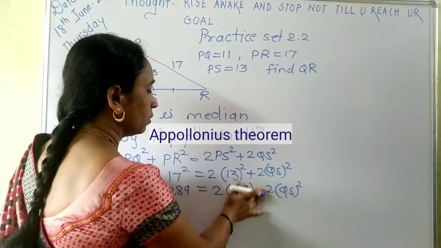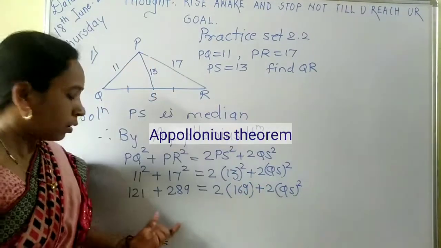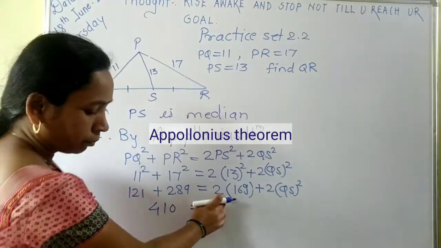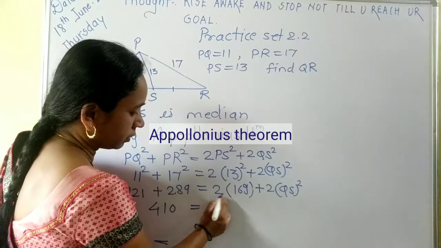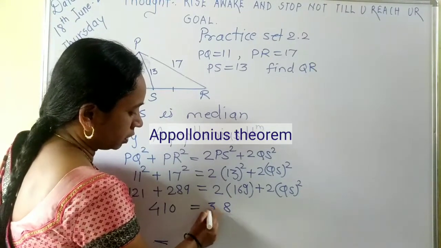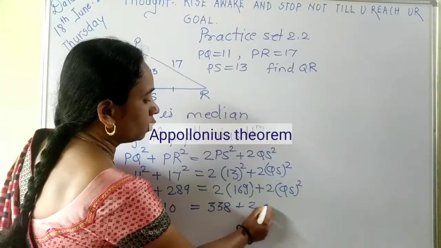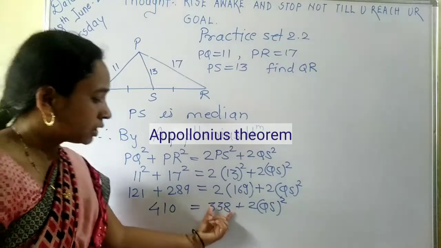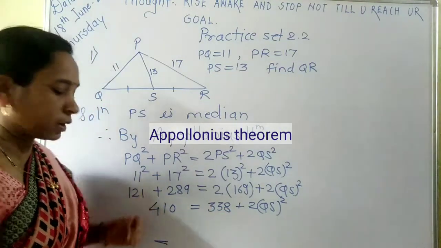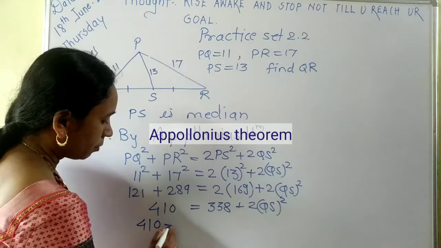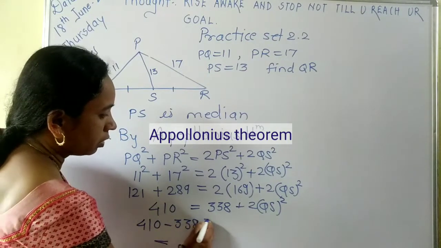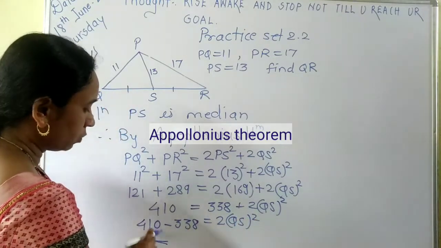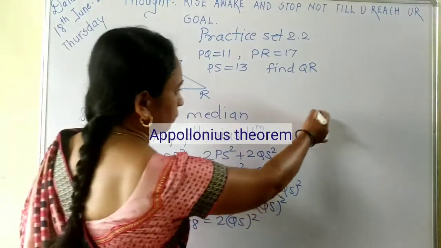Add these two and you will get 410 is equal to 338 plus 2 QS square. Now transfer this: if you transfer it to this side, it will be negative. 410 minus 338 is equal to twice QS square. After subtraction you will get 72.